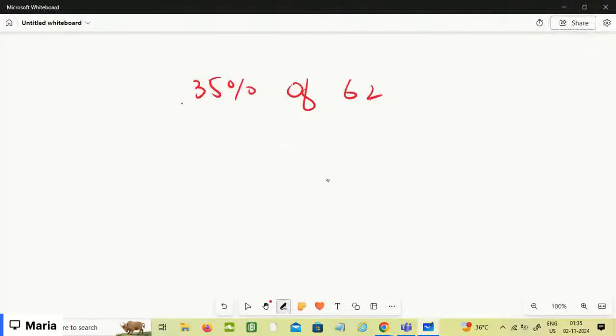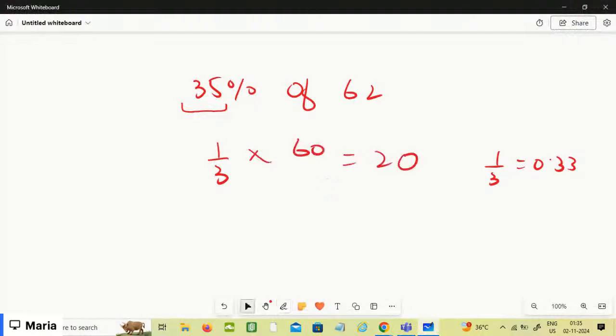So 35% is about one third, because one third equals 0.33, right? So 35% is estimated to 1 by 3, and 62 is estimated to 60. So one third of 60 is 20. So that means the estimated answer is 20.